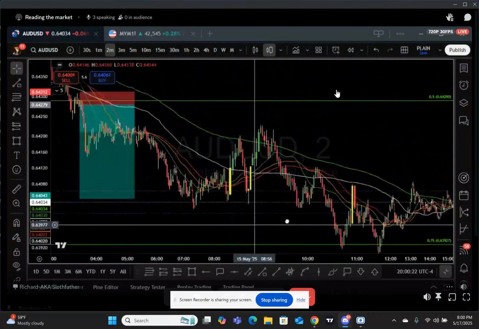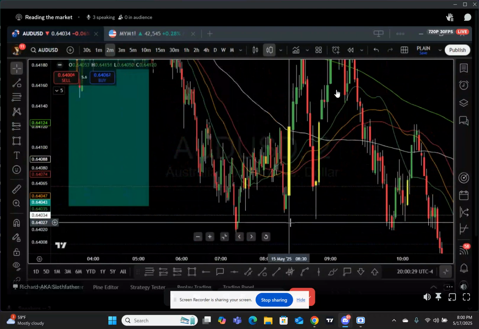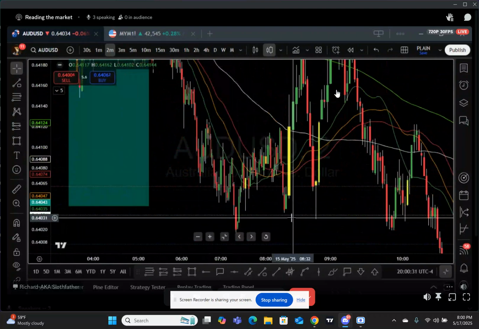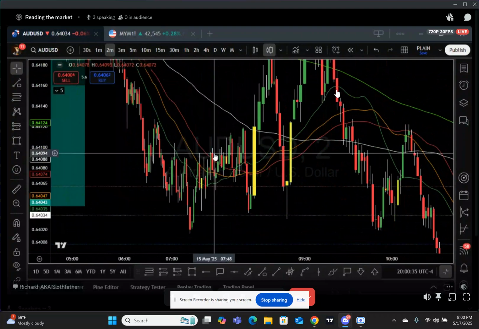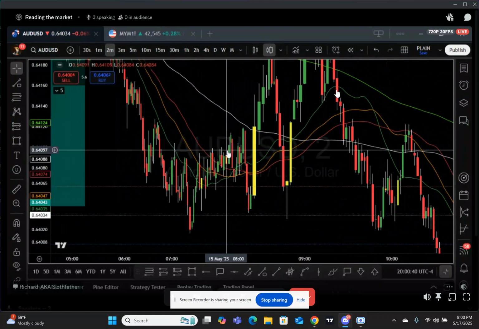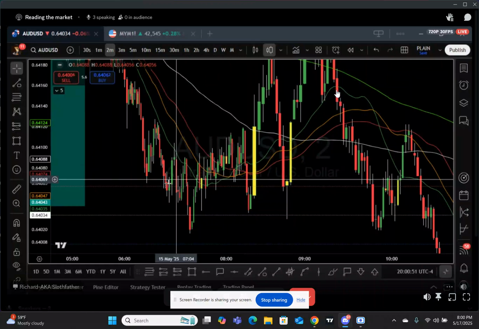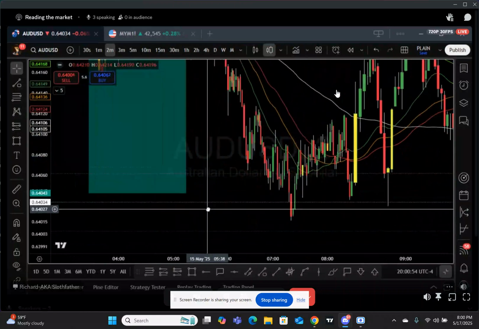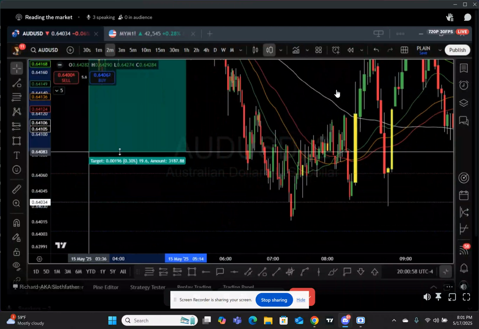But using your SMAs, any close back above the 40 that doesn't regain the 40 on the very next candle, or the 38. So this one regained, and we came down. Then we came back up, and we pushed down, but we did not close below the 38. This is where I would be out of the trade, right here. Yes, I'm giving back some unrealized profits by doing that, but do I care?